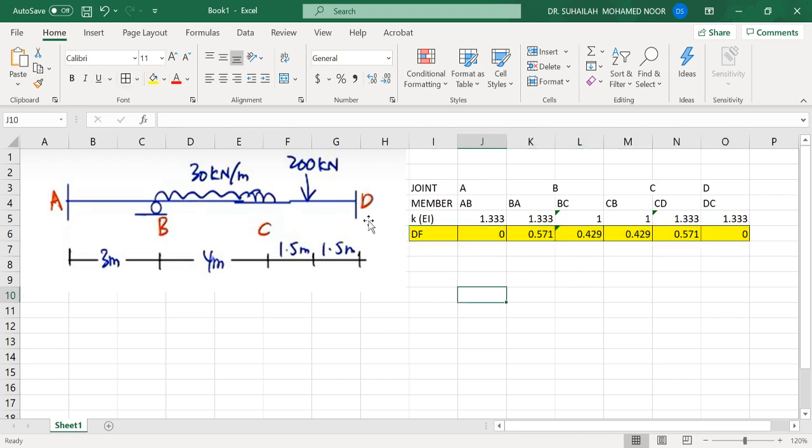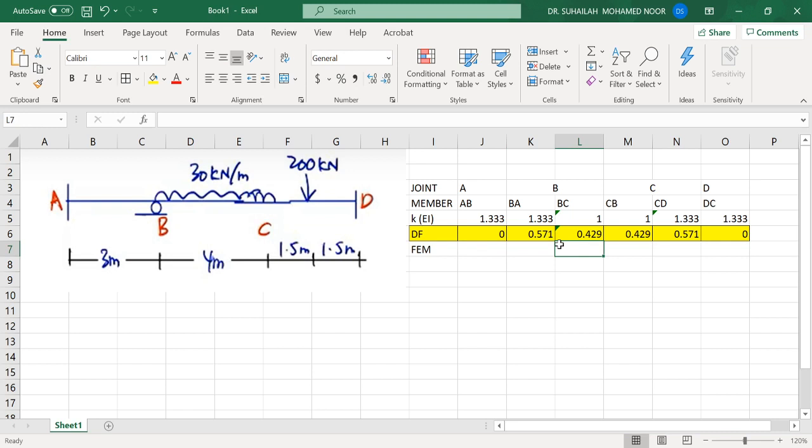Next, remember the member end moments in the table start from the fixed end moment. So like what we have done manually, the next step is the fixed end moment. There is no fixed end moment at member AB, so it remains blank.